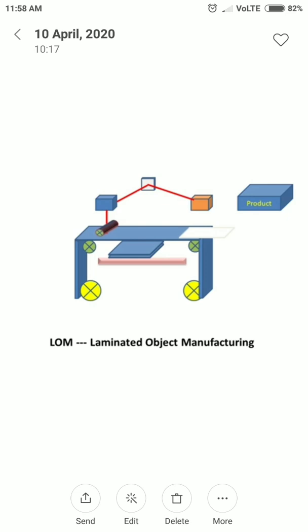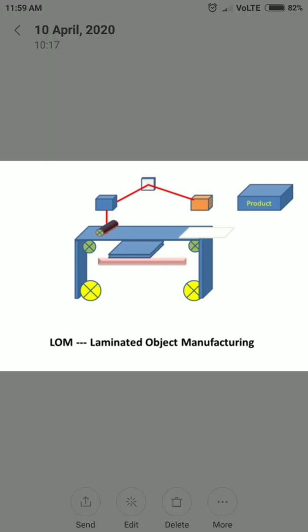I have tried my level best and explained nicely. I have prepared the slides only to the depth needed for understanding and for the examination point of view, so that much only I am explaining. Please remember everyone, this is important for the main examination.